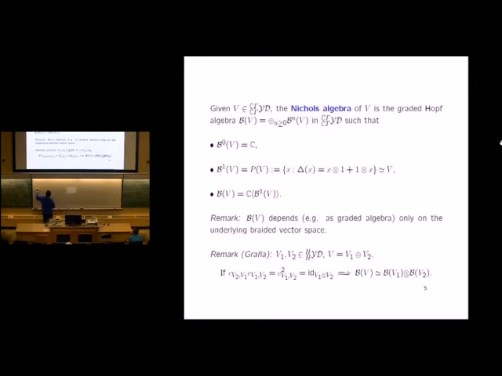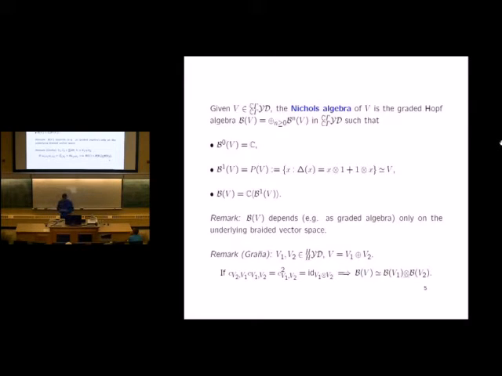So I go from V1 tensor V2 to V2 tensor V1 by the braiding. Then I go back. Then this commutes.